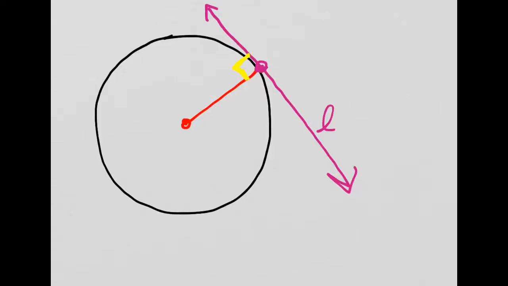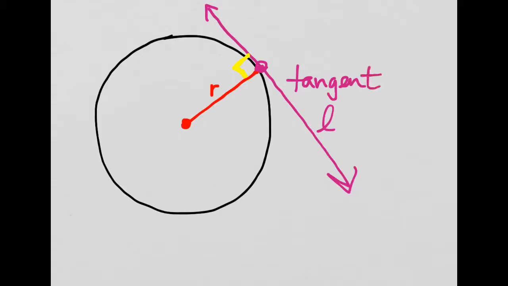And if it is perpendicular to this radius, I can tell that it's a radius by definition, having two endpoints, one being the center and one being the end, then I can say that this is not just a line, this is a tangent line.